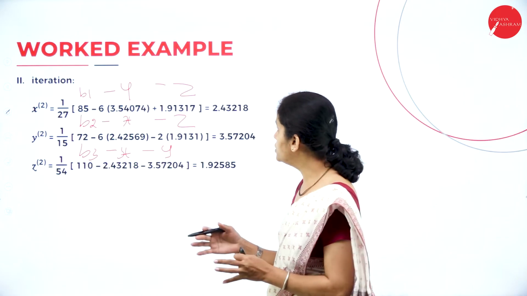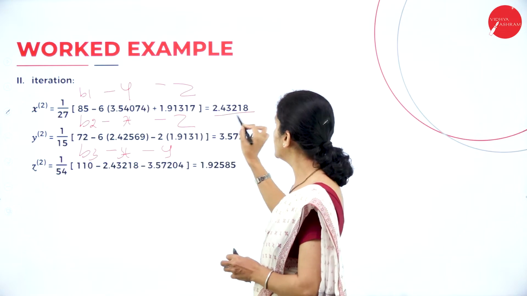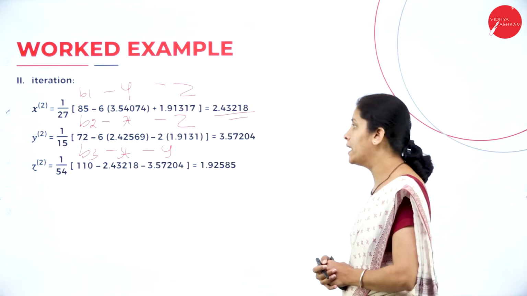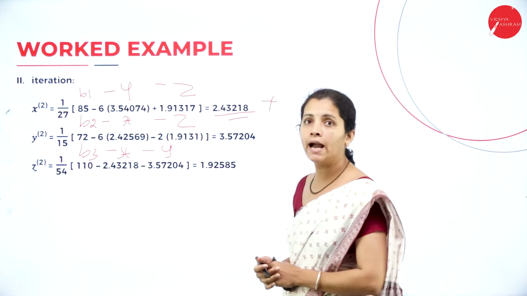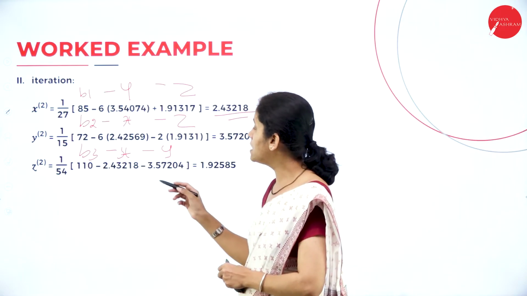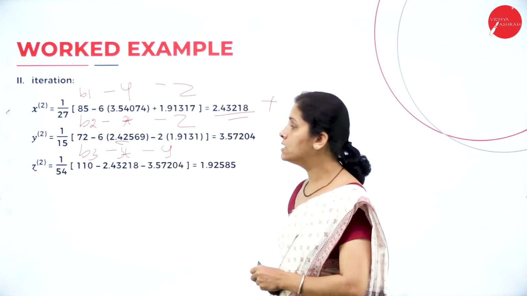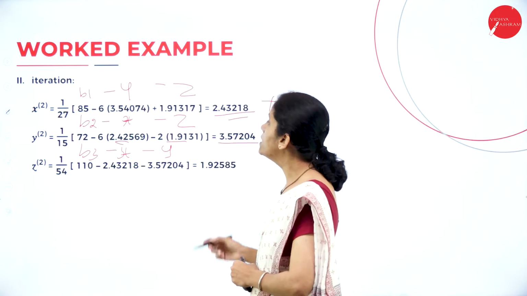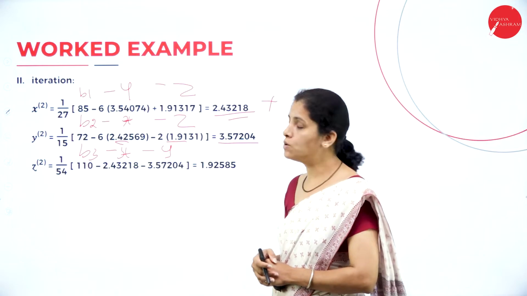So, when I substitute x and z value, I'm going to get the answer 2.43218. So, this is my x in my second iteration. And if I consider y, after substituting x, I'm going to consider the same x, then z value, and I'm going to get the y value, that is 3.57204.